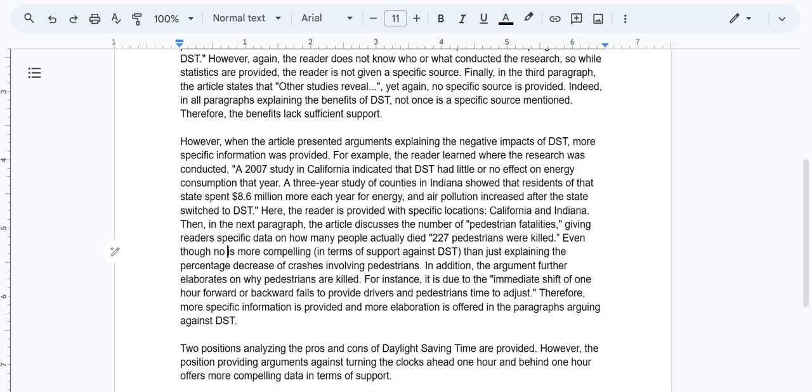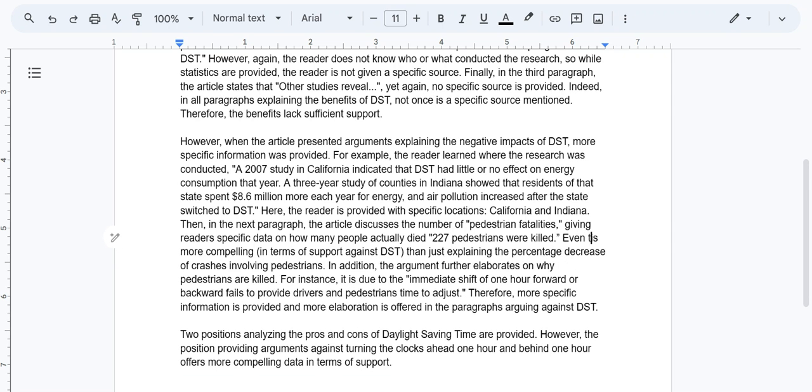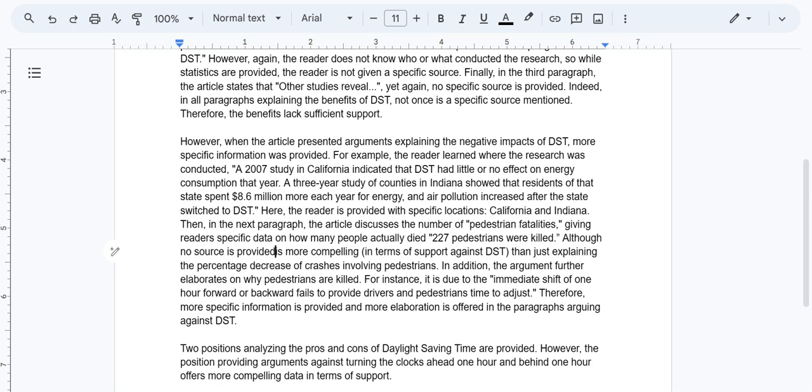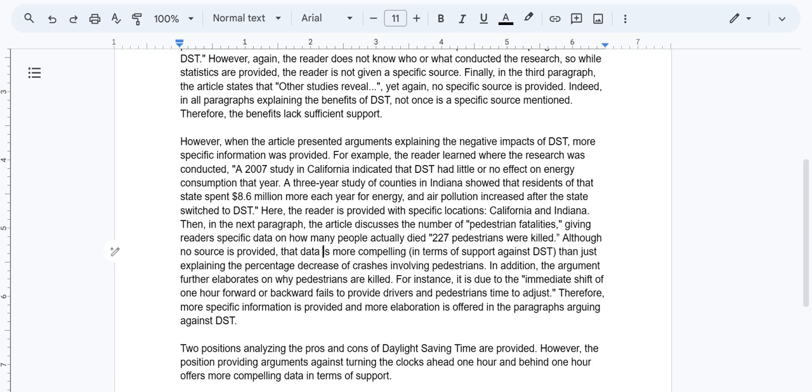Although no source is provided, the data is more compelling than just explaining the percentage decrease of crashes involving pedestrians.